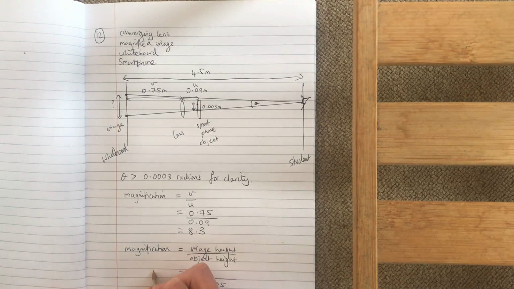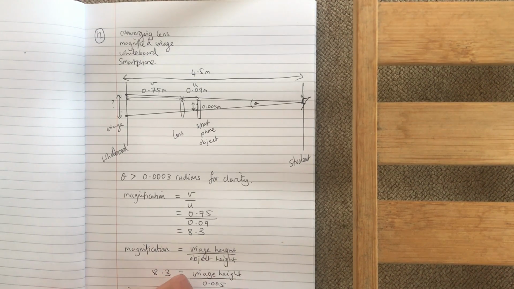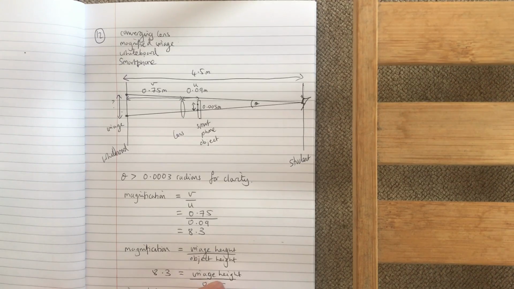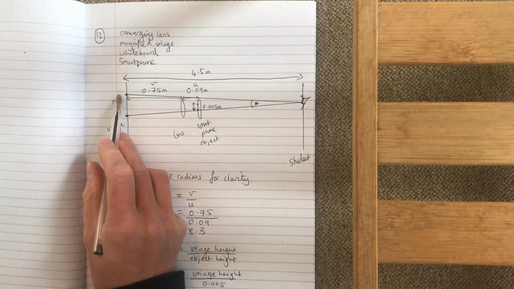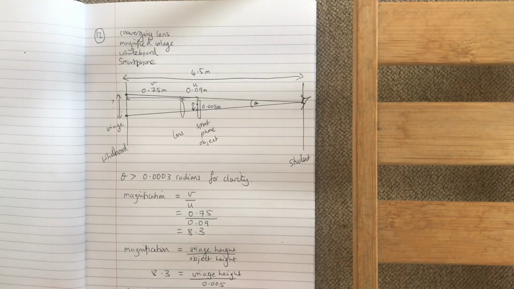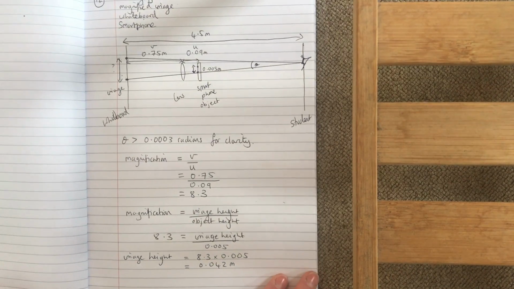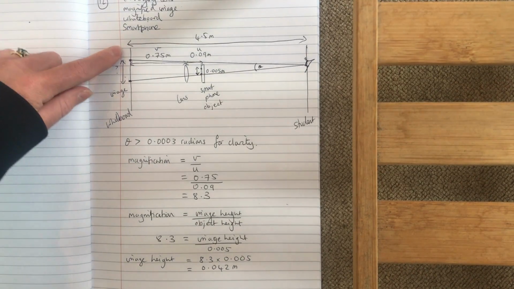I know the magnification is 8.3 because I just worked it out, so you can see I've only got one unknown in this formula. So the image height, which on the diagram is this distance between the two dots on the whiteboard screen, is going to be equal to 8.3 times 0.005, and that's 0.042, and this is in meters.